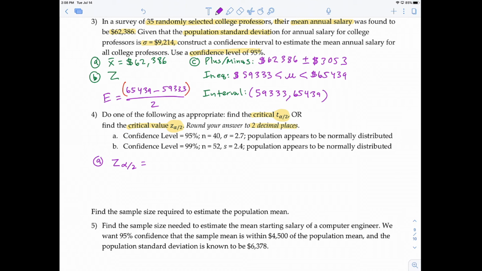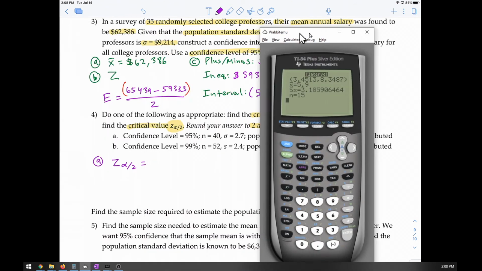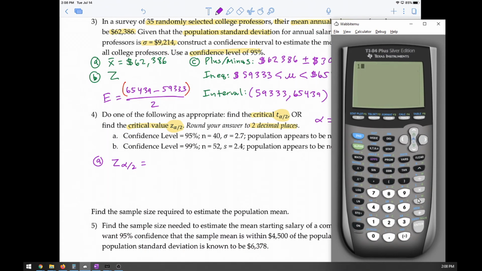All right, so in this case, we're not given alpha, but we know that alpha for these problems is equal to 1 minus the confidence level. So for example, in question A, alpha is equal to 1 minus 0.95, right?